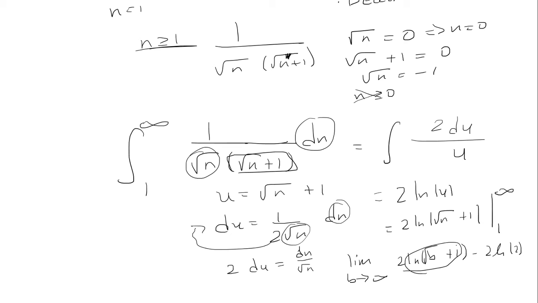This thing goes to infinity, and this is a finite number. Okay, so the limit is going to be infinite, which means that the sum is going to diverge, right? In order for it to converge, this has to be finite, but we got an answer that it's infinite, therefore it diverges.